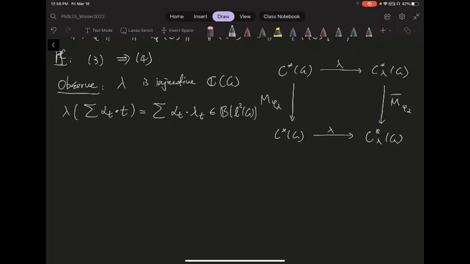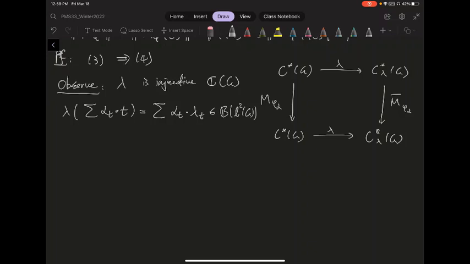And you can just think about it: some alpha t has to be non-zero. If you look at what happens when you translate one of the basic vectors, say the delta E, the lambda t will map it to the delta t. It's a left regular representation, so this shifts your orthonormal basis by t. So if one of these alpha t is non-zero, it will map some orthonormal basis vector to a non-zero vector, so it's certainly non-zero.